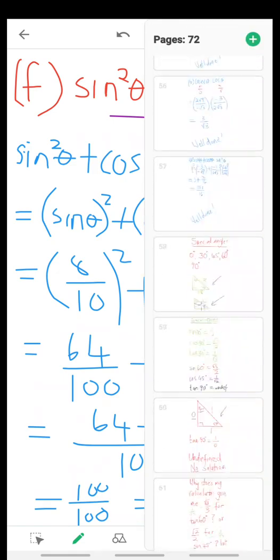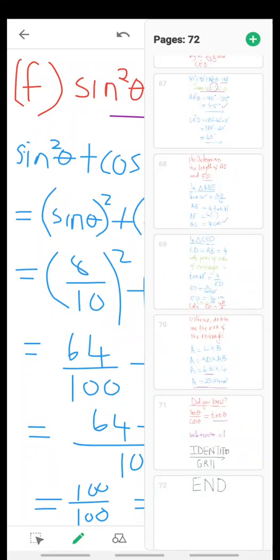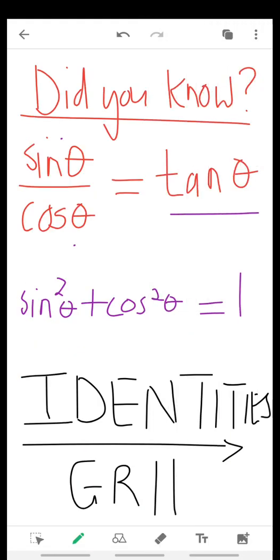Meaning, whenever we have sine squared theta plus cos squared theta, our answer will always be equal to 1. Meaning, where I see this, I can just substitute with a 1 because these are equal. What do we call this?